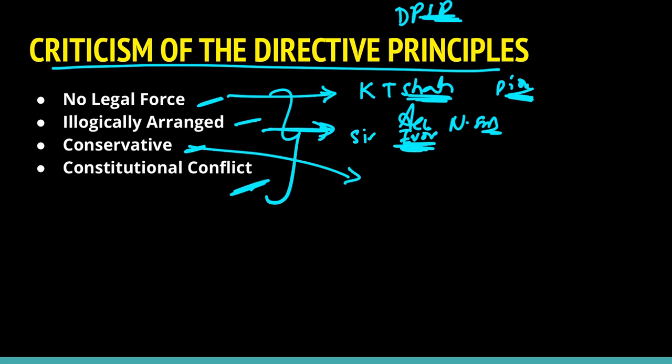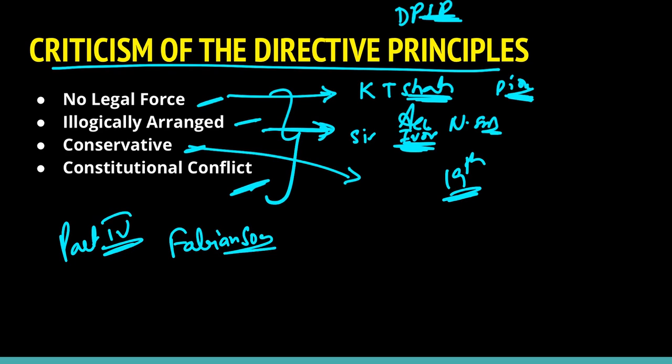Conservative. According to Sir Ivor Jennings, the directives are based on the political philosophy of 19th century England. He remarked that the ghost of Sidney Webb and Beatrice Webb stalks through the pages of the text, and Part 4 of the Constitution expresses Fabian socialism without the socialism.